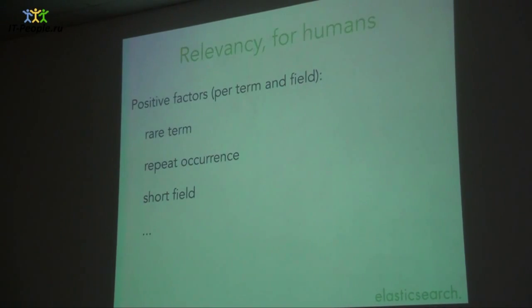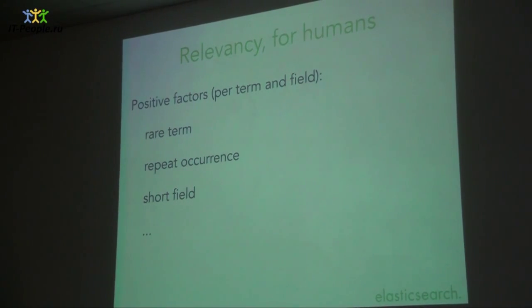So for humans, it's actually like this. We take into account the rarity of the term, the number of occurrences, and also the length of the field. Because if I find Django twice in the title, and title is much smaller field than the body, let's say that we are indexing blog posts or books even, then the body would be a huge amount of text, and chances are that the word will be there more times.